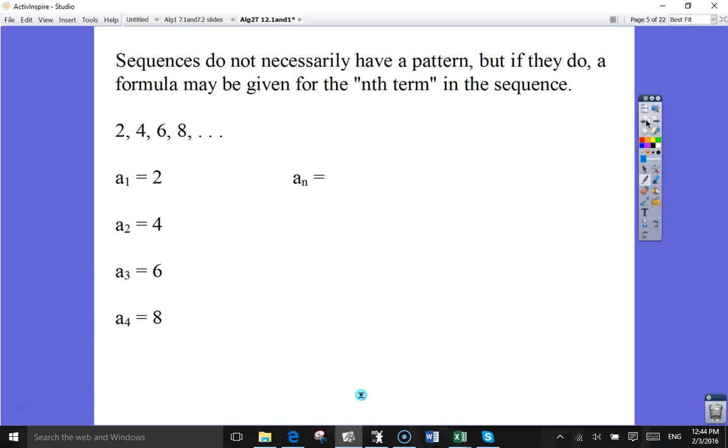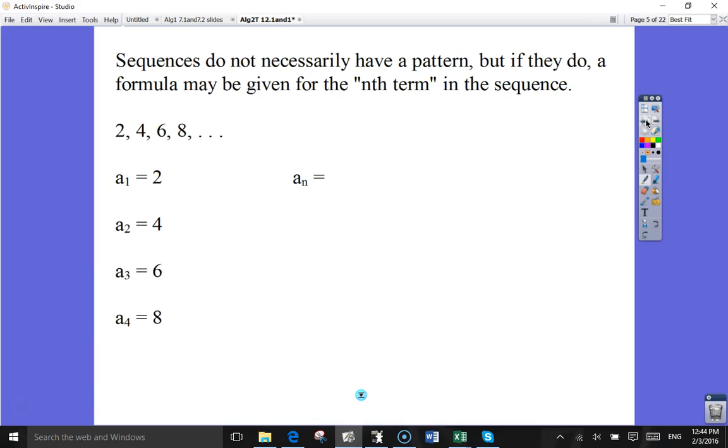If you can represent it with a formula, that formula is called the nth term of the sequence, and it's written a sub n. You plug in n equals 1, 2, 3, 4, and it generates the numbers in the sequence.